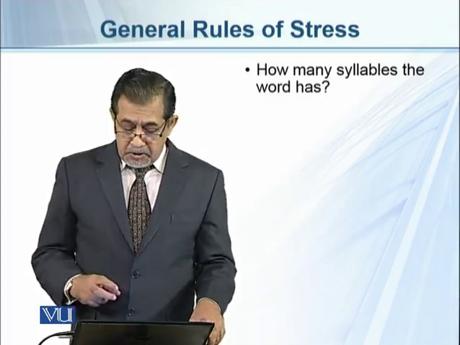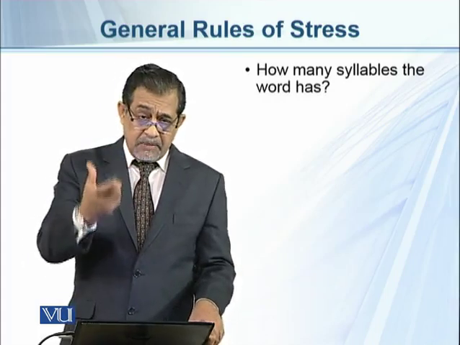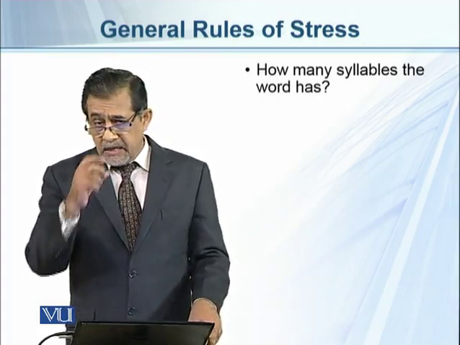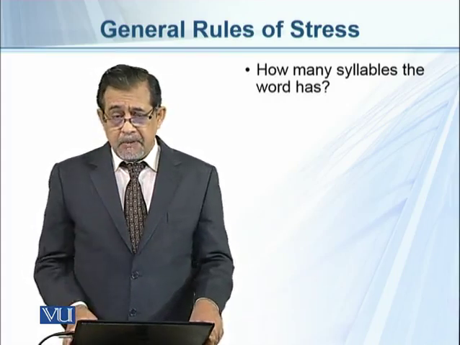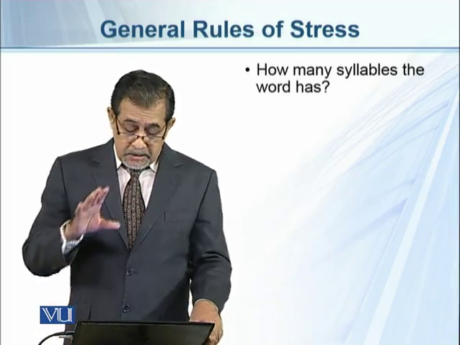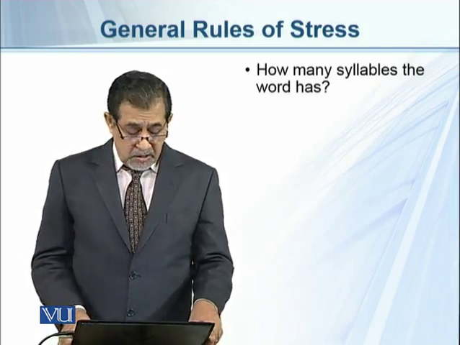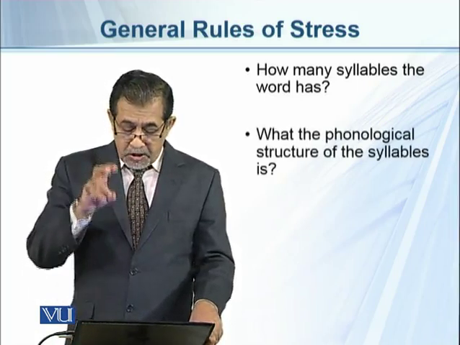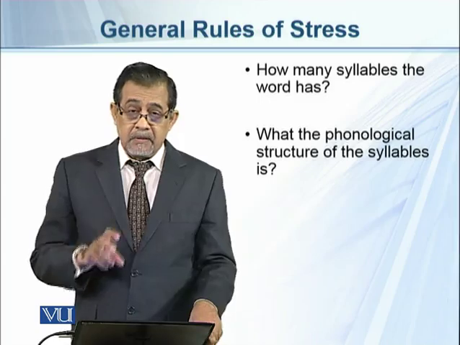How many syllables does the word have? Because one of the syllables is to be stressed. So we have to see how many syllables there are in a word. Sometimes they determine which syllable is to be stressed. Also, what the phonological structure of the syllable is.